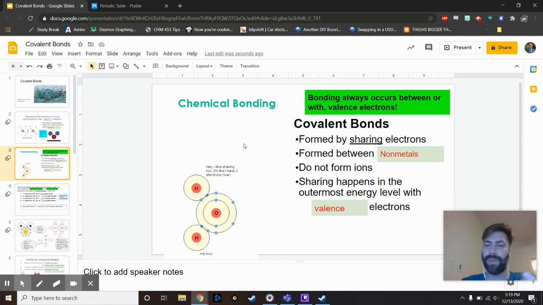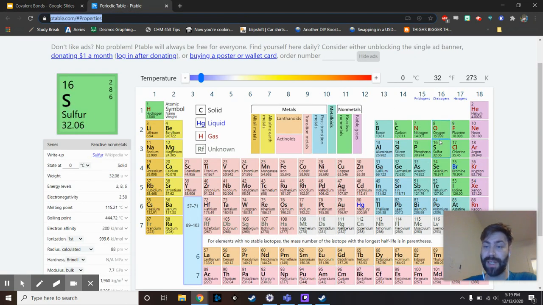Covalent bonds formed by sharing electrons form between nonmetals. Okay, remember how we determine which ones are nonmetals? So here's our staircase. Everything to the left of this staircase, okay, so this stuff in blue, the light blue, and all this stuff over here is a metal.